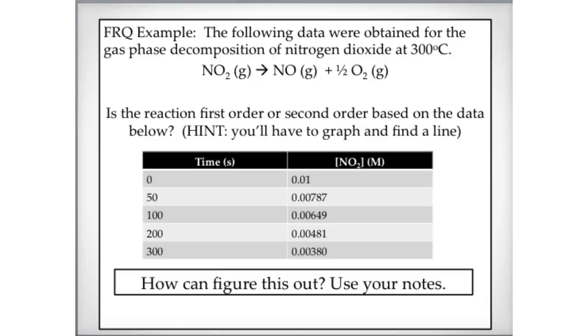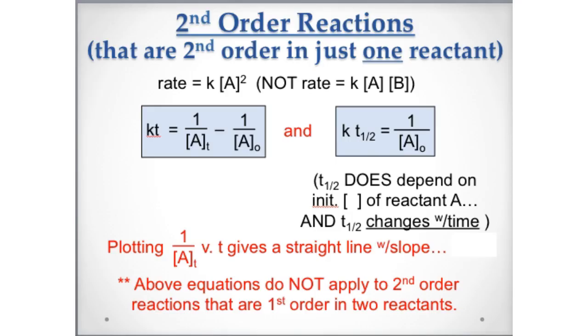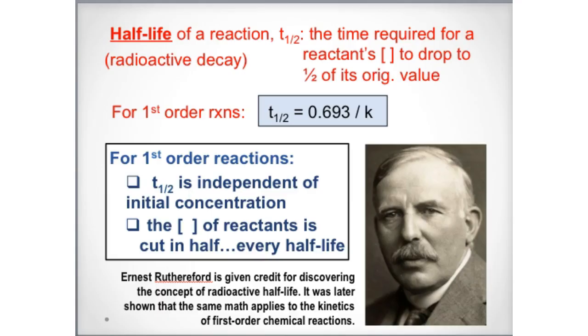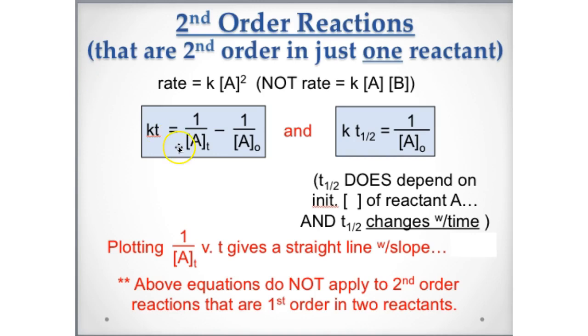Alright, so I hope you guys thought about this. Something that I mentioned before is that when we're comparing the two equations, if we were to graph 1 over the concentration with respect to time, and it happens to be a straight line, then it's going to be second order.